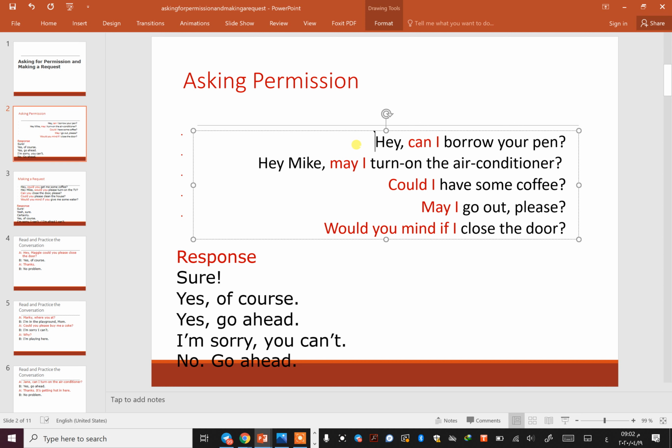May I get a raise for my salary؟ فهنا نستخدم may I أو could I. could I may I يكون الفعل اثنيناتها مجرد، استخدمها for formal setting. can I استخدمها for informal setting.